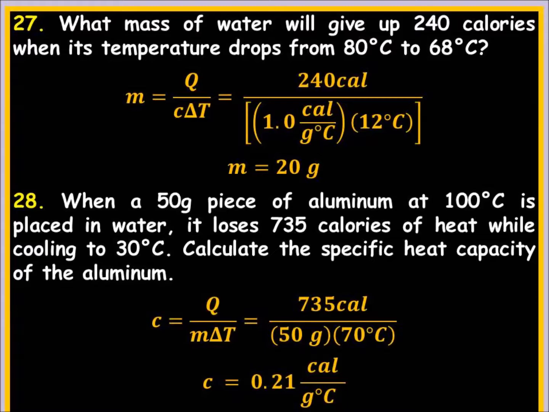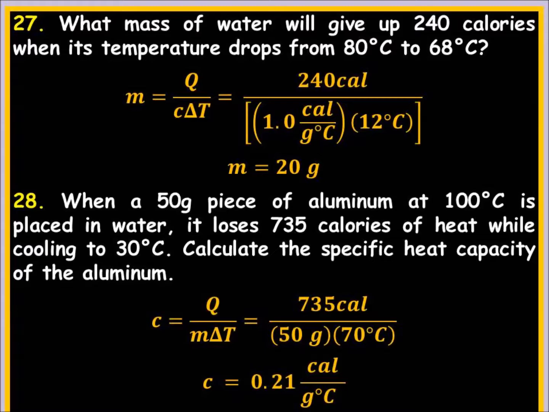Calculate the specific heat capacity of the aluminum, and it would be 0.21, which is approximately the range of specific heat capacities for metals. That's approximately correct. That would be a metal. Metals are generally in that area.